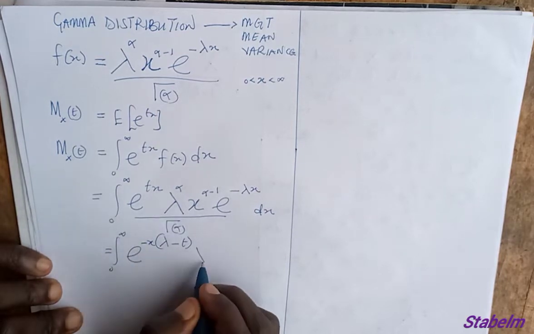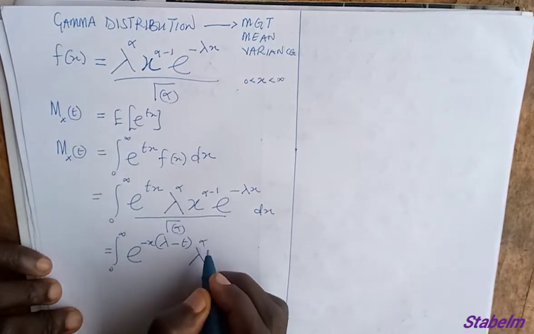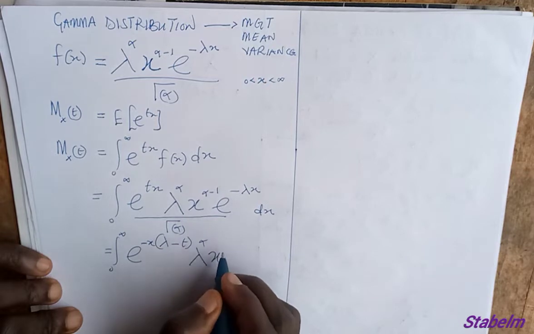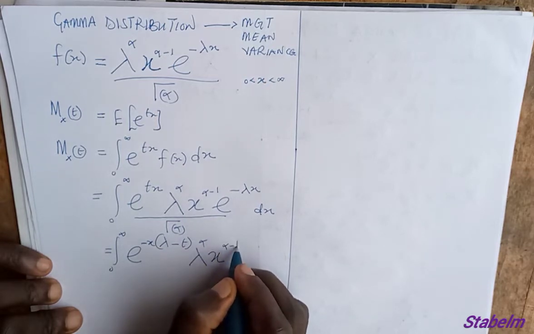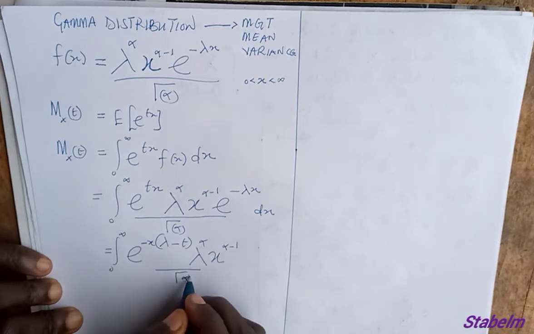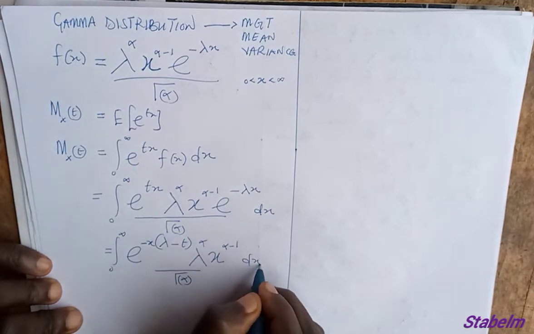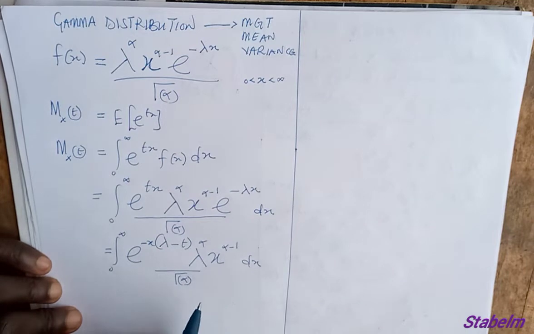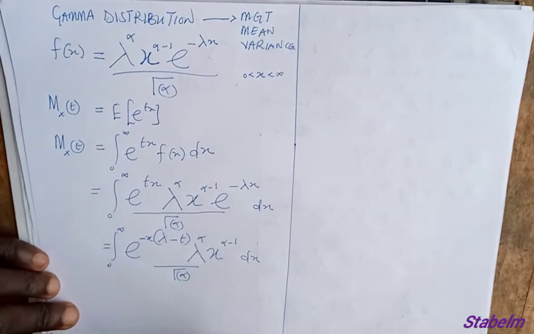Then we have lambda raised to power alpha, x raised to power alpha minus 1, all divided by gamma of alpha, then dx. Now there is a way we can manipulate this function so that it will be easier for us to get the moment generating function of that distribution.